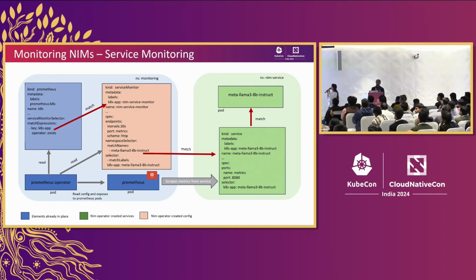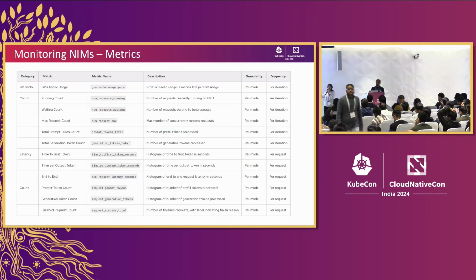As you can see, it says which label name I have to match in order for Prometheus to start scraping the metrics. Ultimately, Prometheus is the one that scrapes the metrics from the NIM service, but the NIM service monitor tells it what to do.